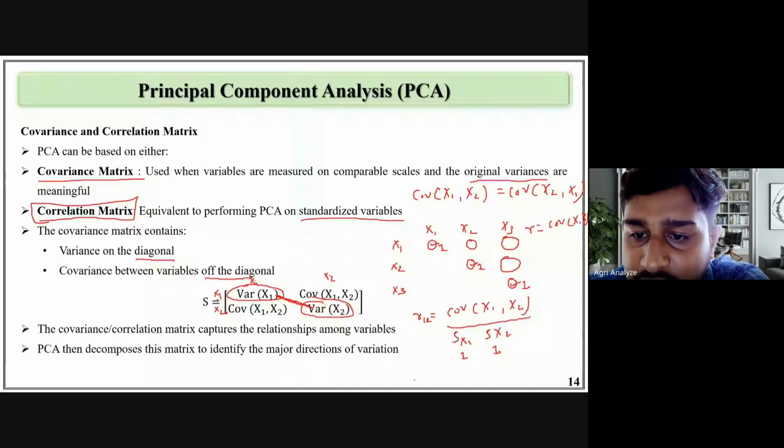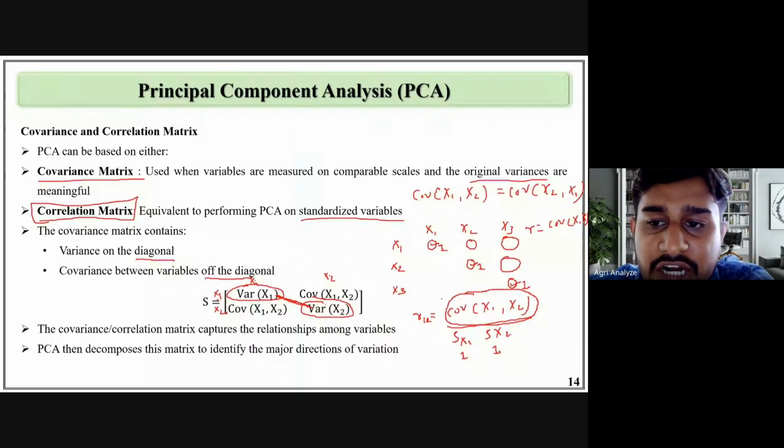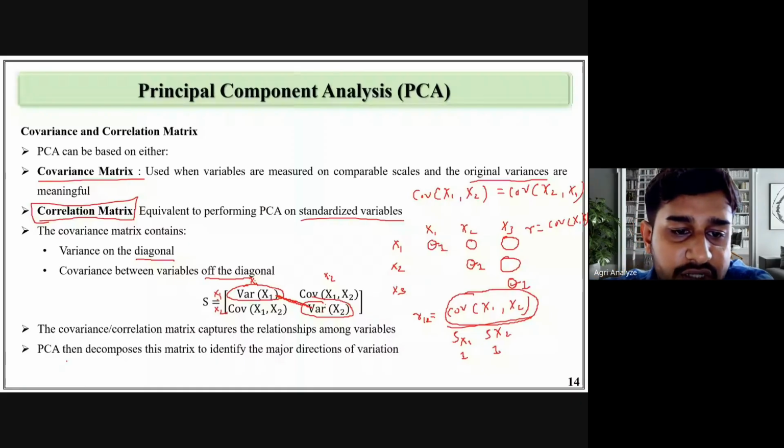So here R12 is equal to the covariance between x1 and x2. That's why after standardizing our data, the variance covariance matrix is also known as the correlation matrix.